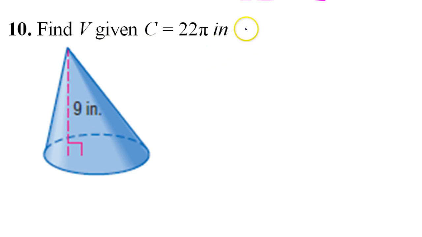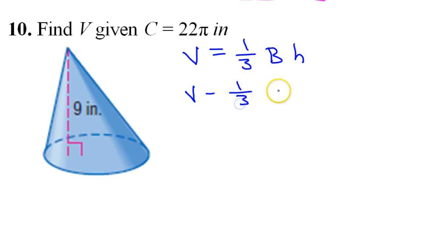So let's start by remembering that the formula for the volume of a cone is 1/3 the area of the base times the height. So let's fill in what we have so far. So it's going to be 1/3. Now the area of the base we don't know, but the height we do know. It's 9.